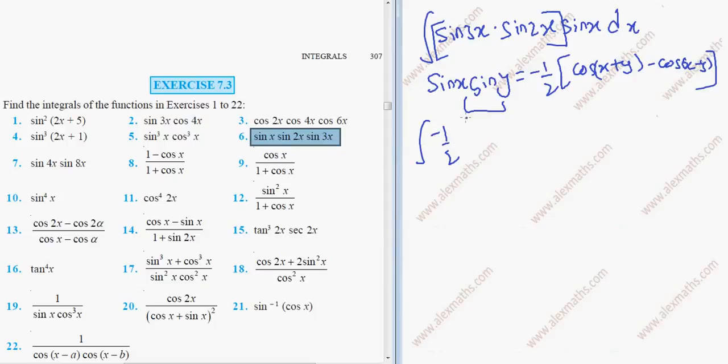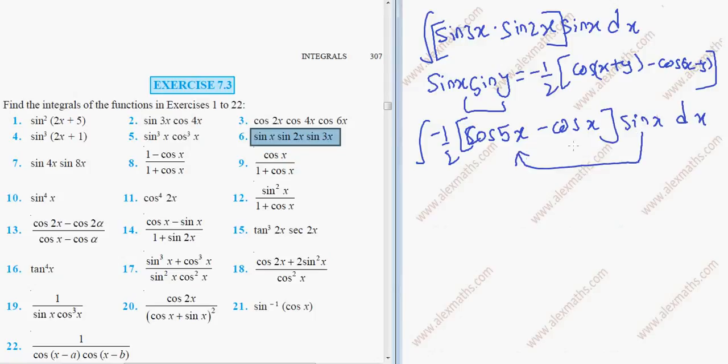Minus 1 by 2 open bracket cos of add both the angles minus cos of subtract both the angles, then outside there is sin x dx. Now multiply sin x with both the terms. So minus half I can take outside.